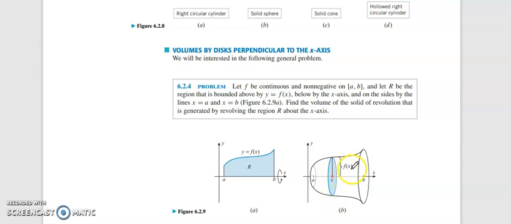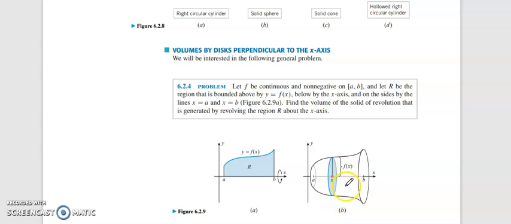of circles together with its interior, which is actually a disk. So here each cross section is in the form of a disk. So if you have a region which is bounded by the x-axis and y equal to f of x from x equal to a to x equal to b, the cross sections perpendicular to the x-axis will be disks.